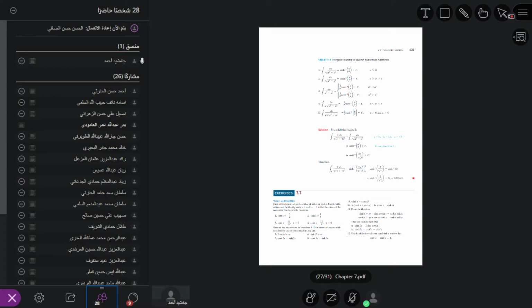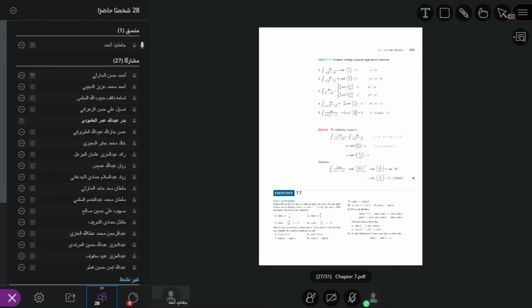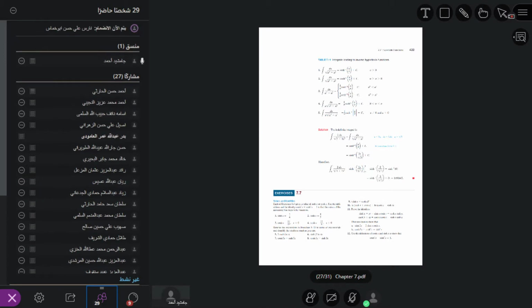So basically, in this table, we shall use the previous lecture, which is the derivative of inverse hyperbolic functions, and also use 4.7 and the concept of antiderivatives.